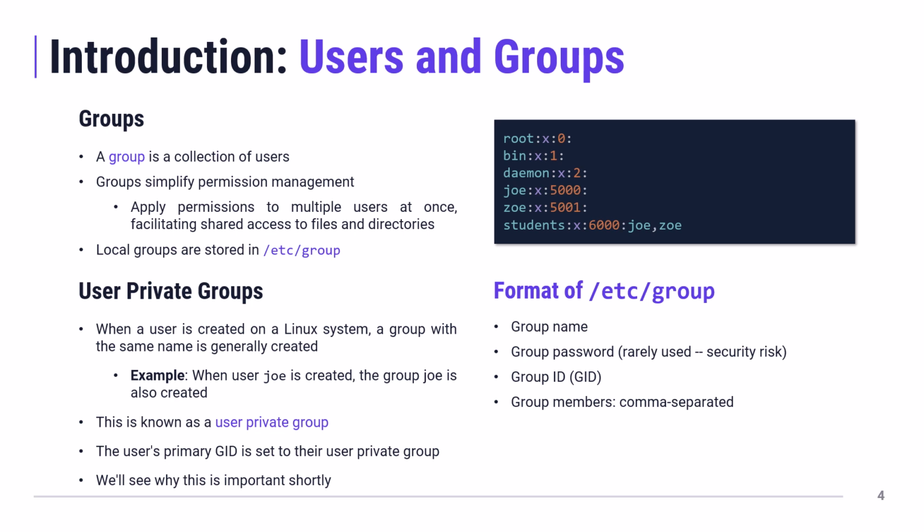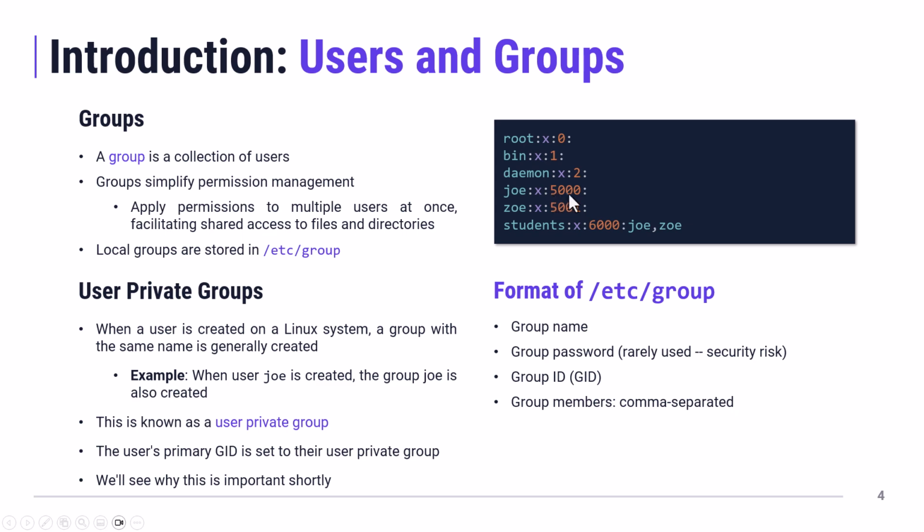Now, we also have the notion of a user private group. When you create a user on a Linux system, not only does it create your account, so if I create a user Joe, it creates the account Joe, but then it also creates a group called Joe, and it makes Joe's primary group ID, his primary GID, the ID of that group.